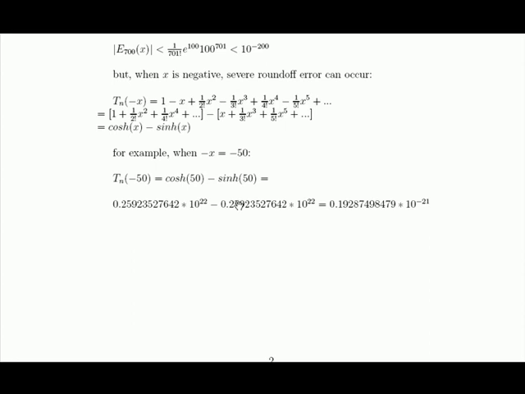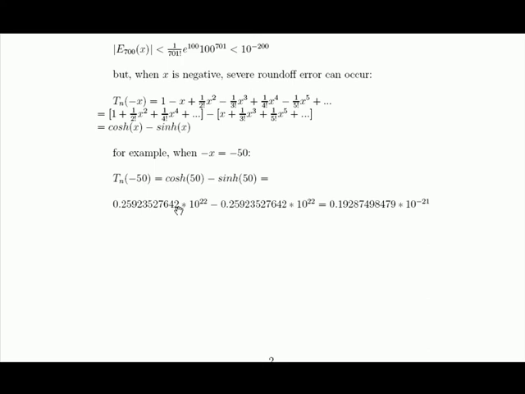MATLAB uses double precision. That's about 15 digits. So the positive terms added together after about the 15th digit, it's totally unknown. It's garbage.